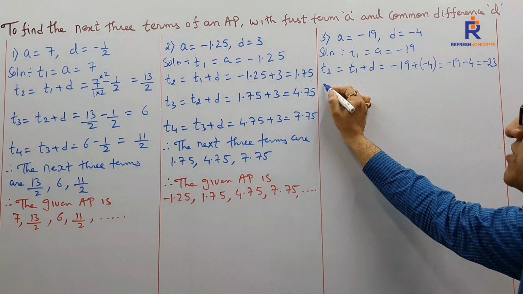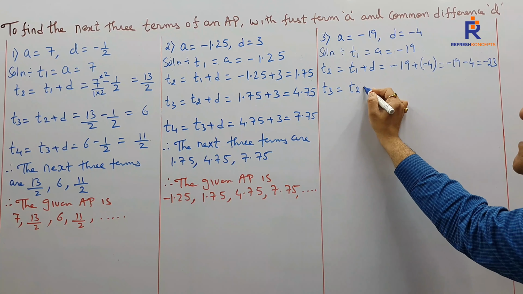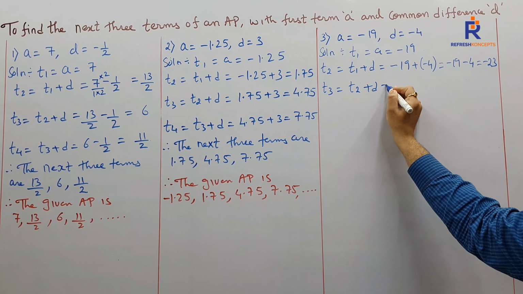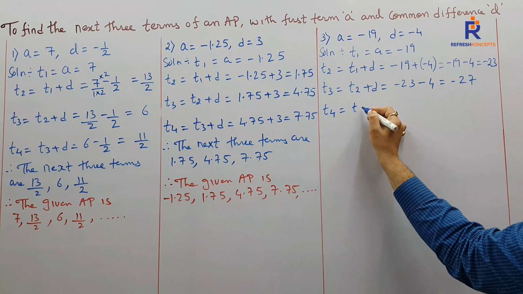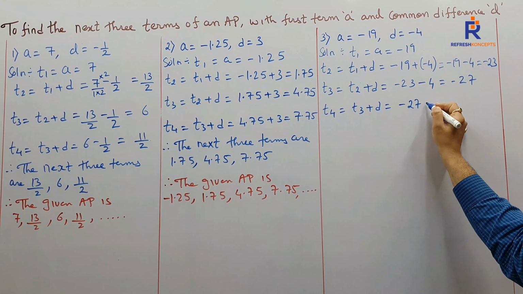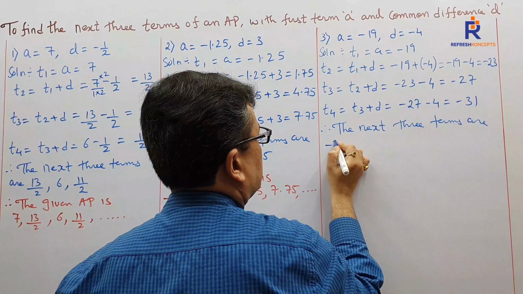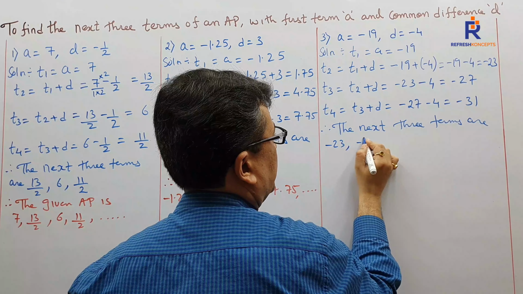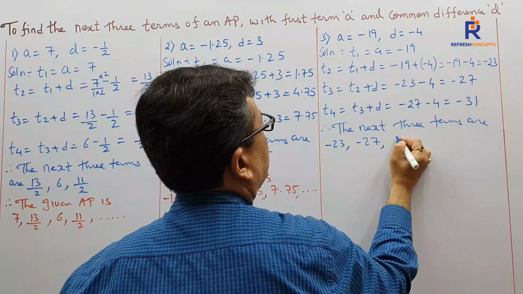Right? How about T3? T3 is T2 plus D. T2 itself is minus 23, minus 4. Now we are aware plus of minus is minus. Answer is minus 27. How about T4? T4 equals T3 plus D, which is minus 27 minus 4, minus 31. Therefore, the next three terms are T2, which is minus 23, T3, which is minus 27, T4, which is minus 31.